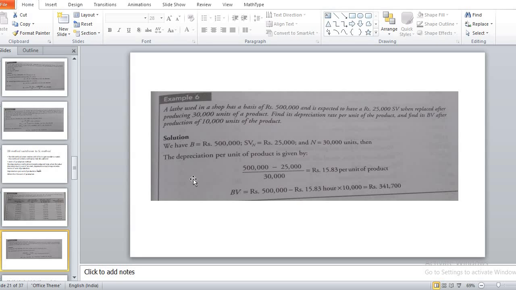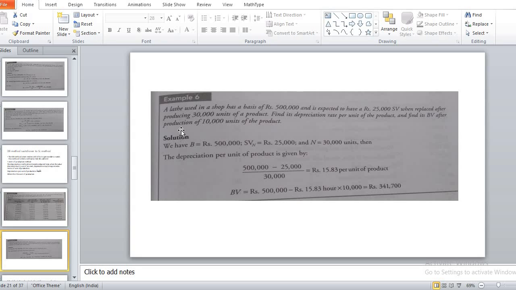Within a particular lot, suppose 10,000 products are produced; for that lot we provide some depreciation value. So this example is given here.